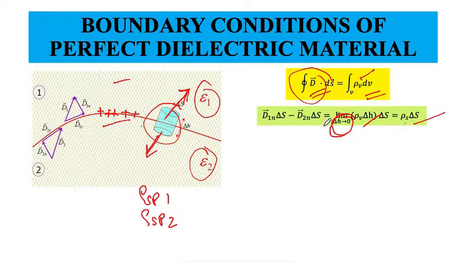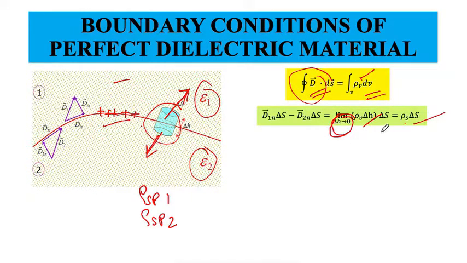When you multiply a large quantity by a small quantity, you end up with a finite quantity, which is nothing but rho S. Rho S, the surface charge density, is the limit of rho v times delta H as the box height shrinks.